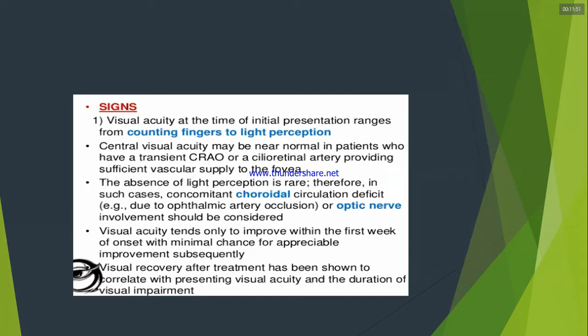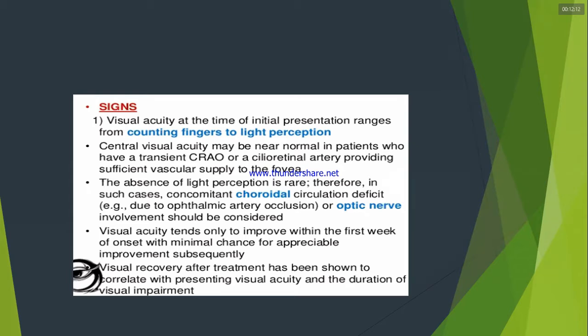We have a cilioretinal artery in 14 to 20% of cases. Those patients who have a cilioretinal artery, in spite of the CRAO, can have good visual acuity because of the cilioretinal artery. Otherwise, there will be marked loss of vision.